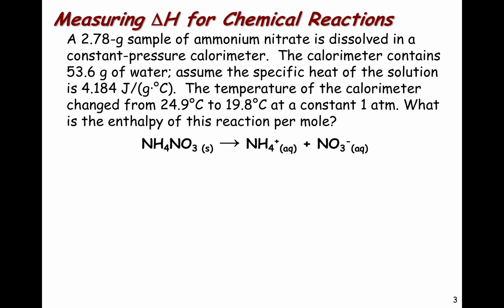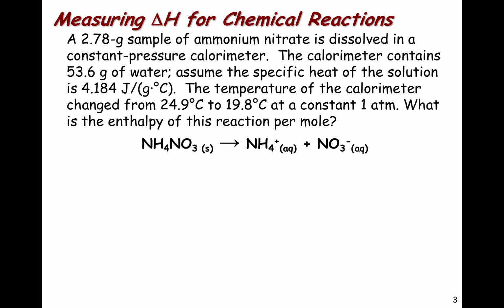As an example of a word problem that you might encounter involving calorimetry, if we had a 2.78 gram sample of ammonium nitrate, presumably in the solid state, and it is dissolved in a constant pressure calorimeter, dissolved into an aqueous solution.